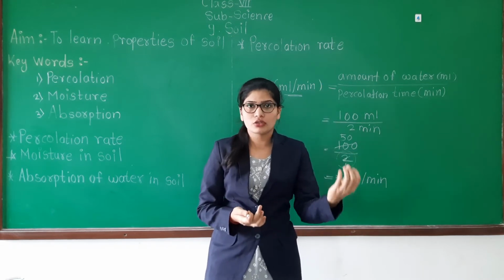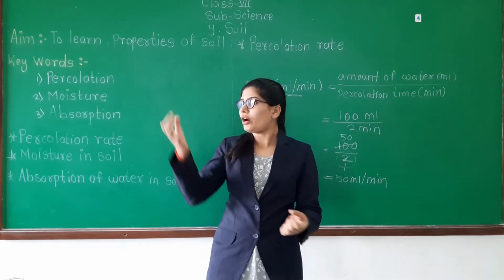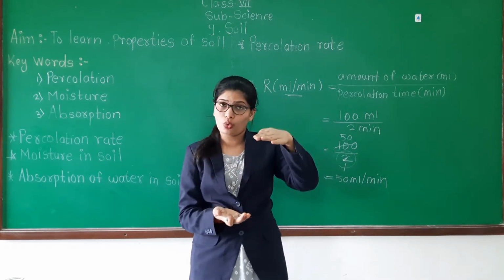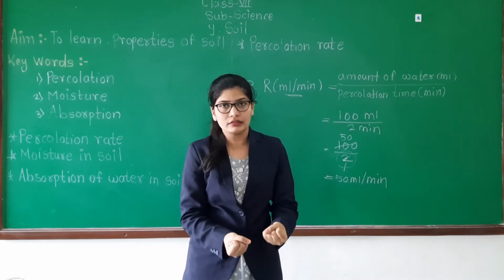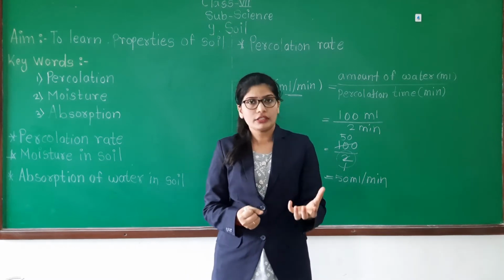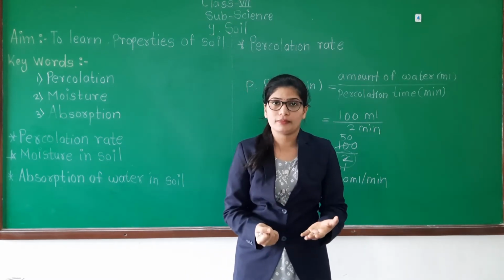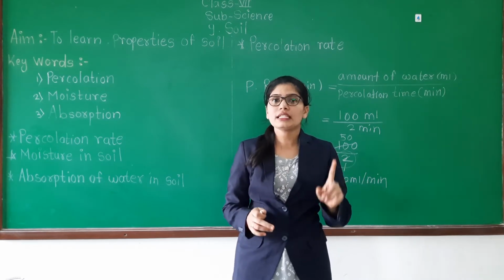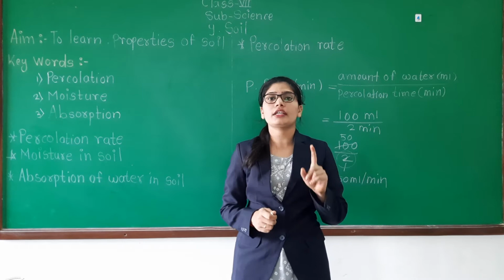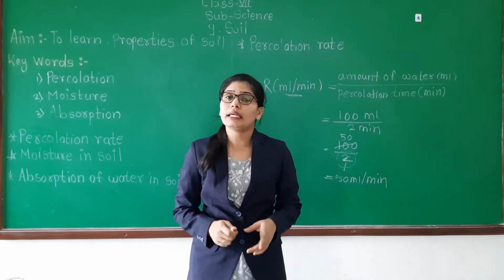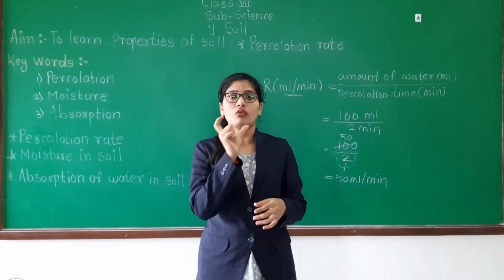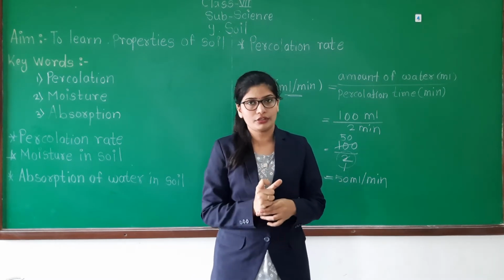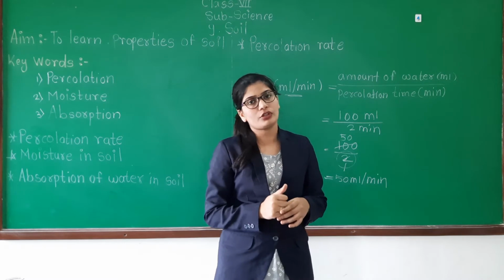Sorry, water percolates through the soil and is collected on the bedrock. This level of groundwater is known as the water table. So remember this word: the level of groundwater is known as the water table.